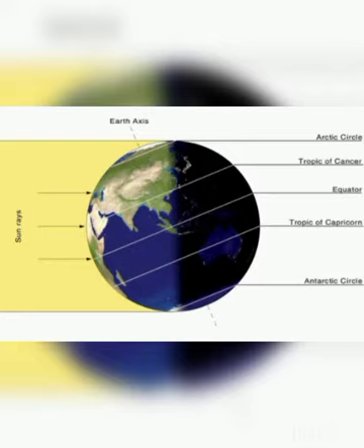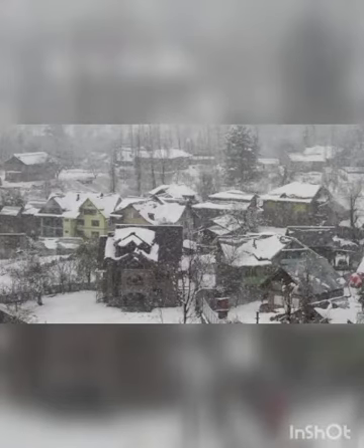What is atmosphere? The layer of air surrounding the earth. So now we study what is weather. Spell that word. W-E-A-T-H-E-R. Weather. Weather is the condition of the atmosphere at a particular place and time.